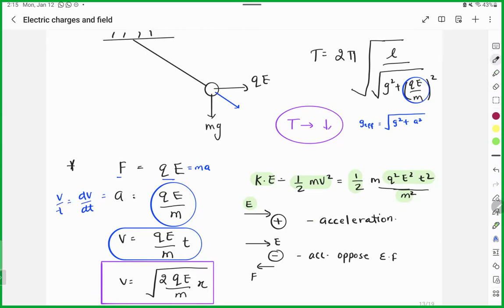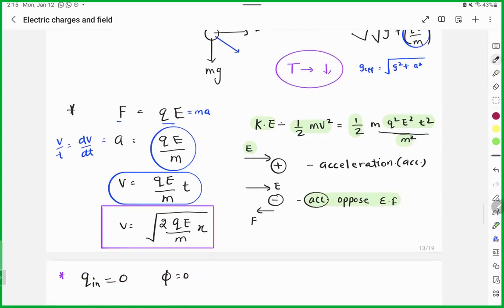But if the charge is negative, then the electric field will oppose, and that's why acceleration will be in the opposite direction. What is this ACC? Acceleration again, I will write this in short form. ACC, acceleration: acceleration opposes the electric field. That's why. Understood? Any doubt, guys? No, sir.